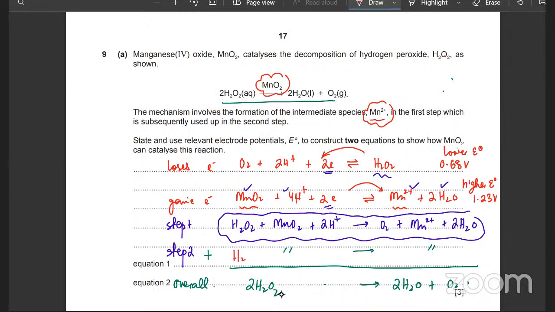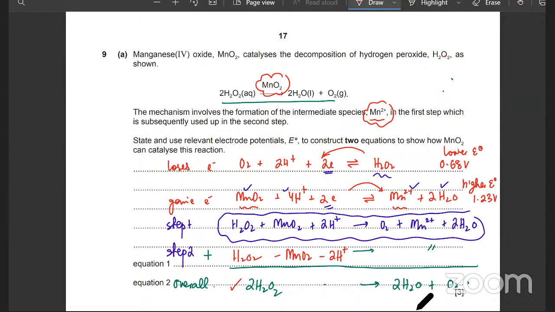So what is missing? There is one H2O2 that's missing. Is this point clear? Yes, sir. Then MnO2 should not be over here because there is no MnO2 over here. So what is missing? It must be minus MnO2. You need to subtract it somehow. And you also need to subtract the H plus one because there is no H plus one, right? What about over here?